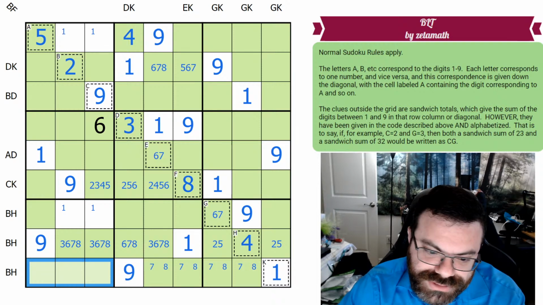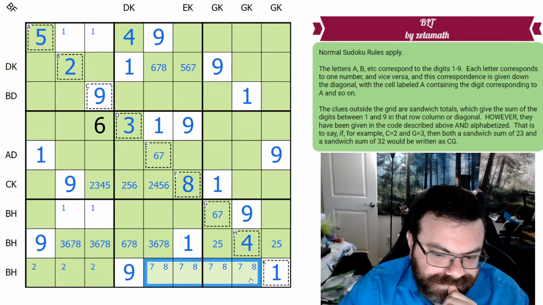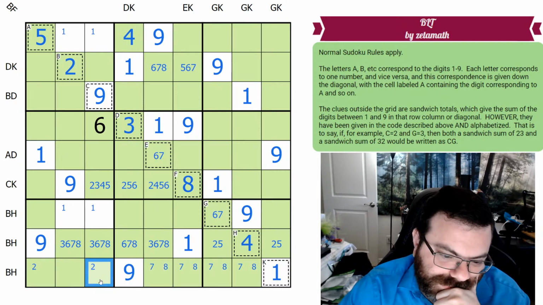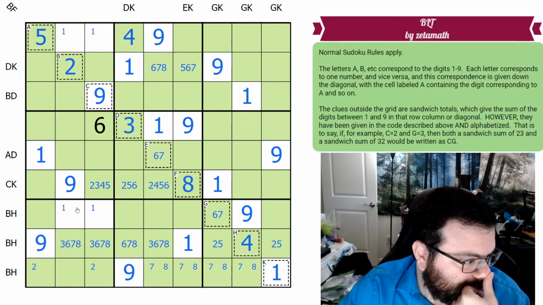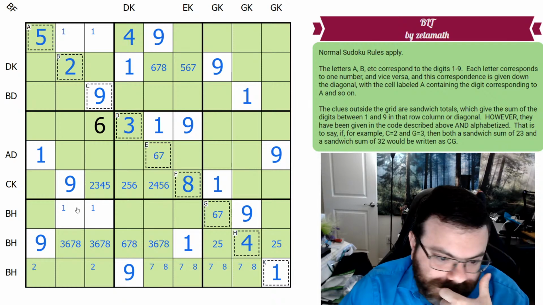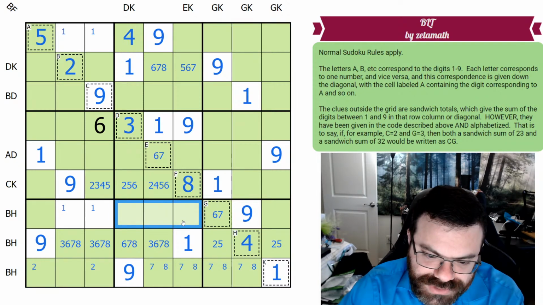So we've got a 2 down here. Can't use 2 in this sum. Not here. So now there is a 2 up here, part of this sandwich clue.